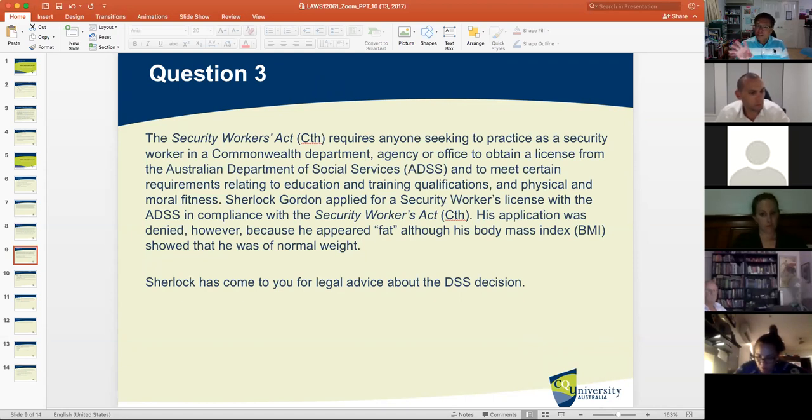If the decision maker was not an officer of the Commonwealth, then you can't seek recourse under Section 75(5). Neither can you seek recourse under Section 39B of the Judiciary Act of 1903, because the power of the federal court to issue writs of mandamus or prohibition or injunction will only be in relation to a decision made by an officer of the Commonwealth.